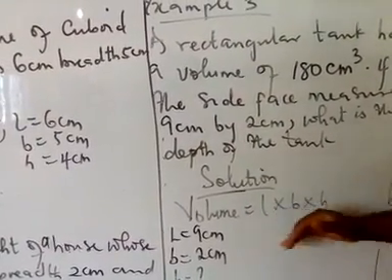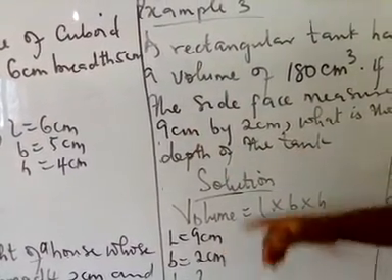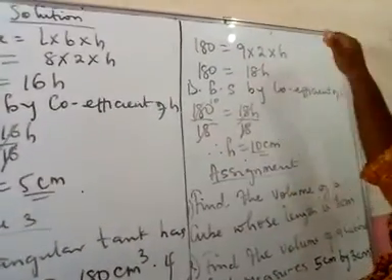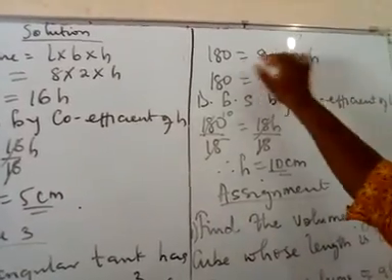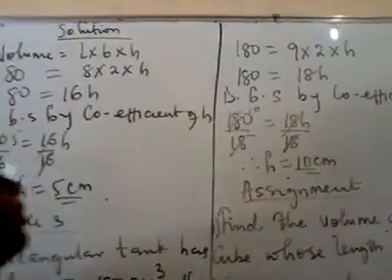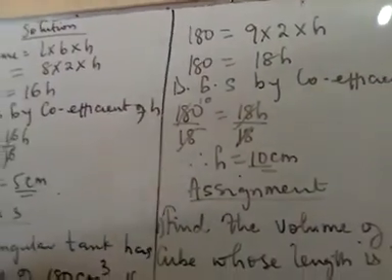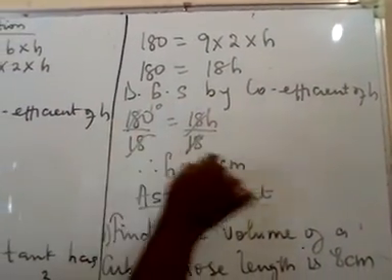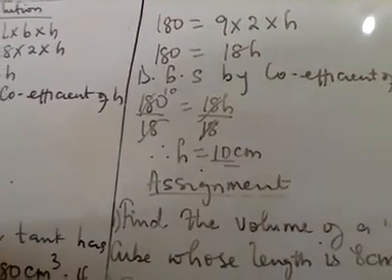Length 9, breadth 2, height we don't know, volume 180 centimeter cubed. Put it into the formula. When we multiply out, we get 180 is equal to 18h. So divide both sides by the coefficient of h, which is 18, and after division, you get 10 centimeter.